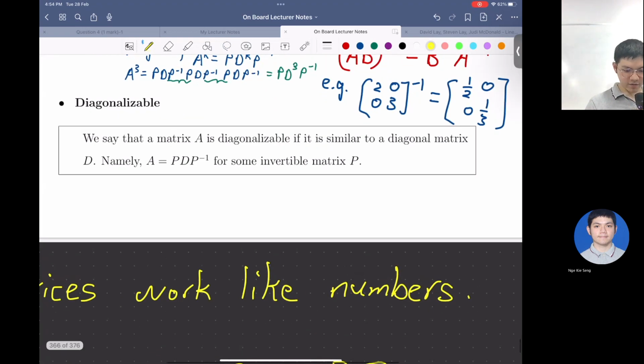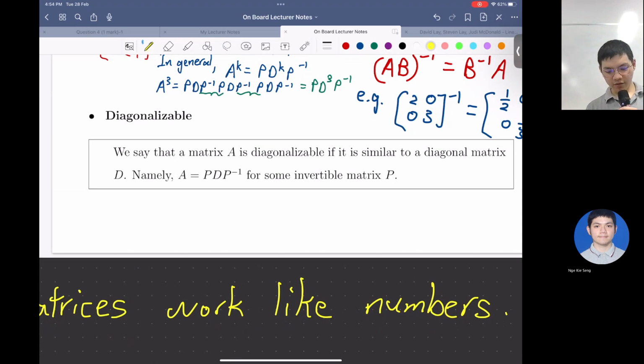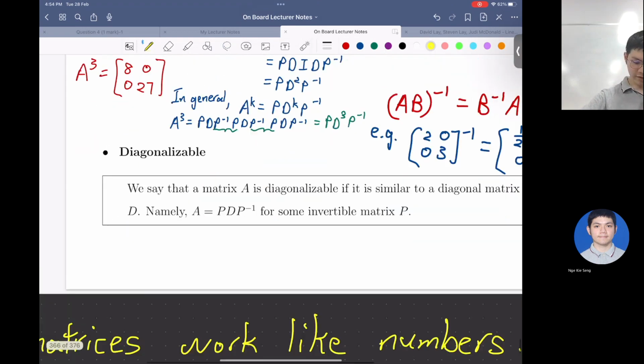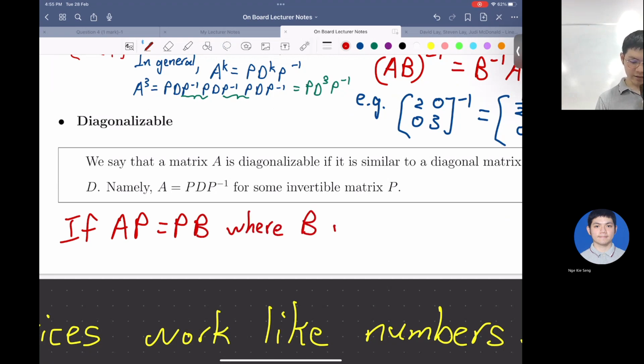Okay, the next part is we say that a matrix is diagonalizable if it is similar to a diagonal matrix D. Or we write A equals PDP inverse for some invertible matrix P. So if AP equals PB, where B is diagonal, then A is diagonalizable.